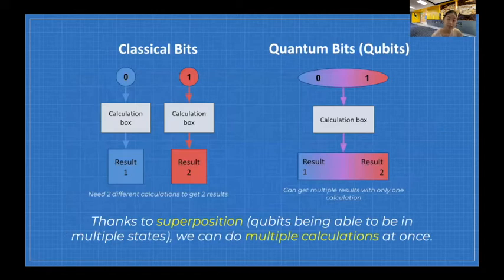To get multiple results, you have to do multiple calculations because classical bits can only be 0 or 1. But quantum bits, on the other hand, can be in multiple states at once. So with one calculation, you can get many results. Therefore, effectively performing multiple calculations at once. This makes a lot of tasks a lot more efficient on quantum computers, one of those tasks being image processing.